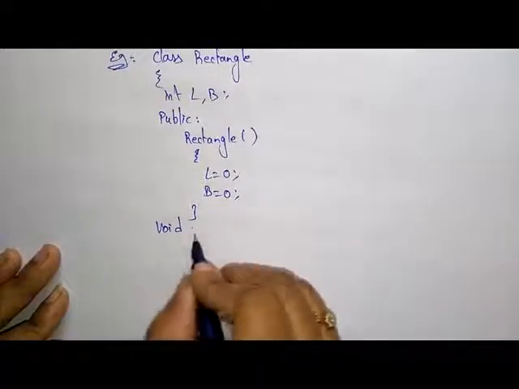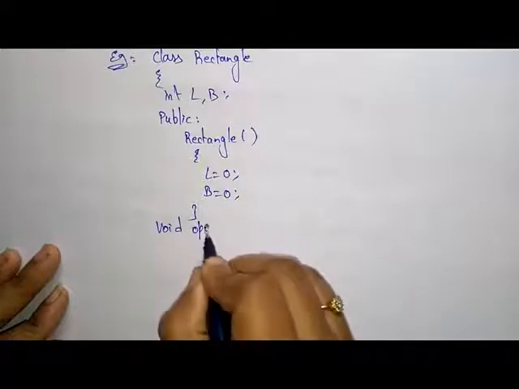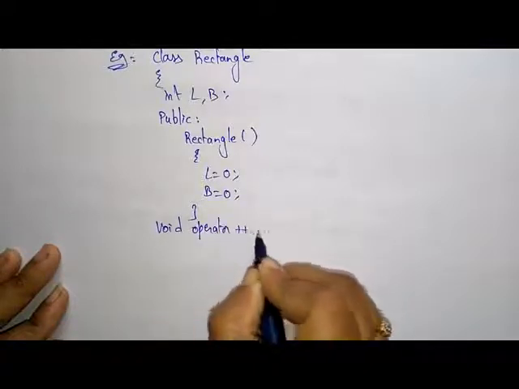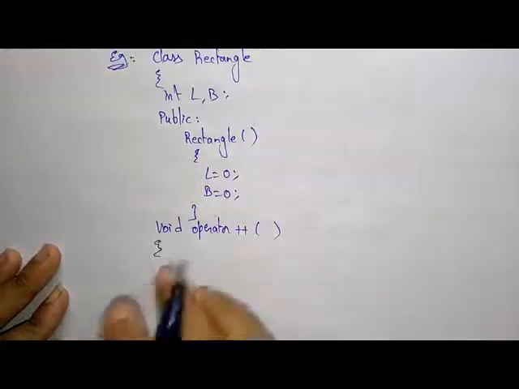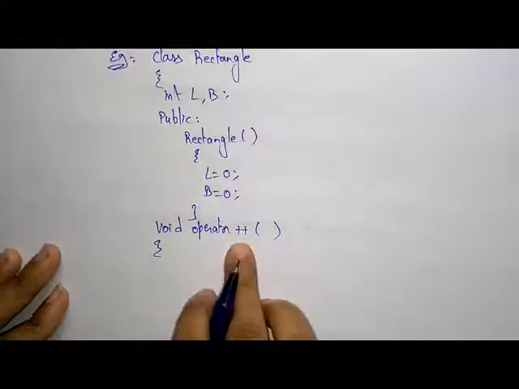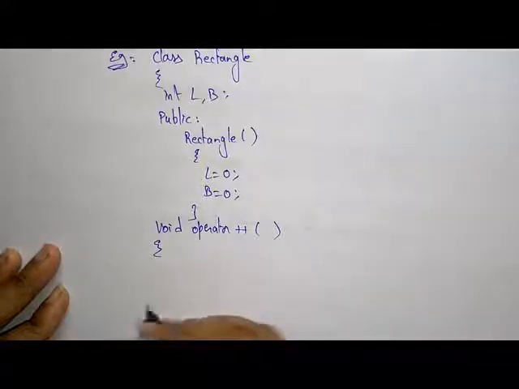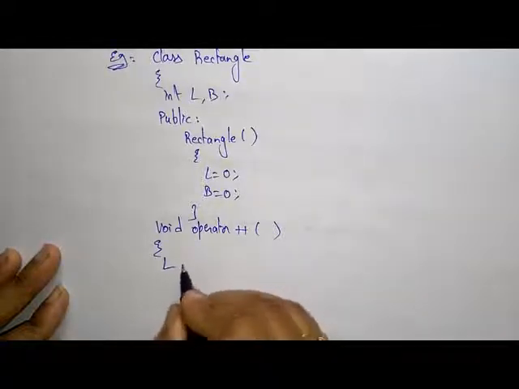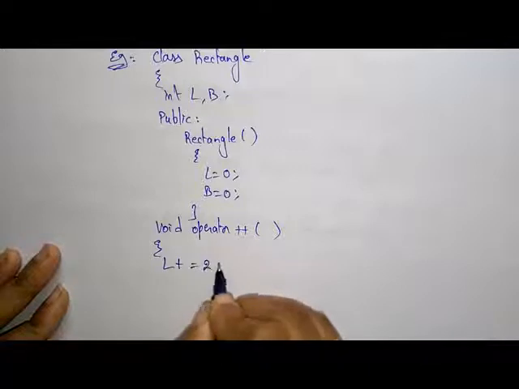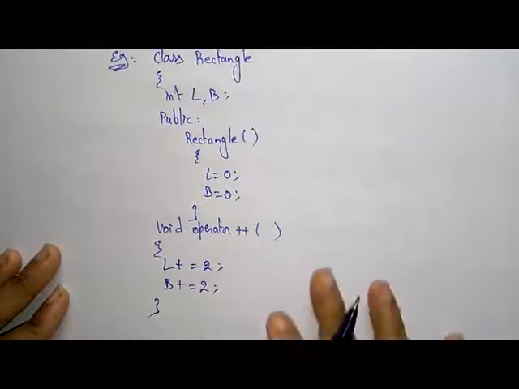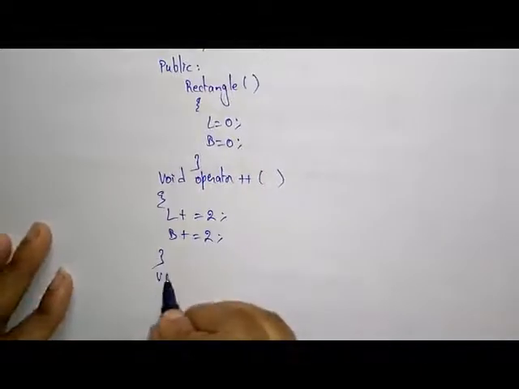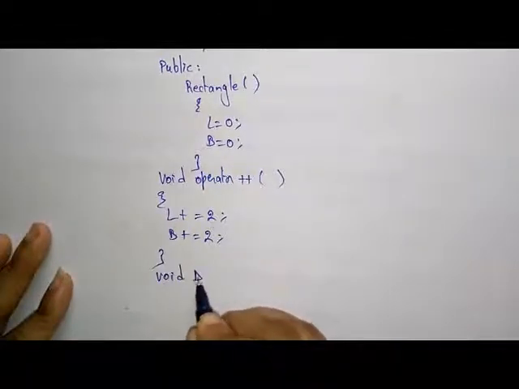So the return type, operator, here I'm using the plus plus. This is the increment operator I'm using. So this is a unary increment operator function overloading. L += 2, B += 2. In the same class I'm writing the display function also, void display.